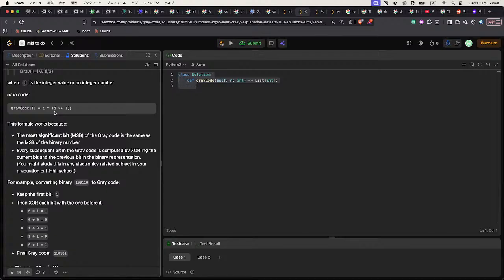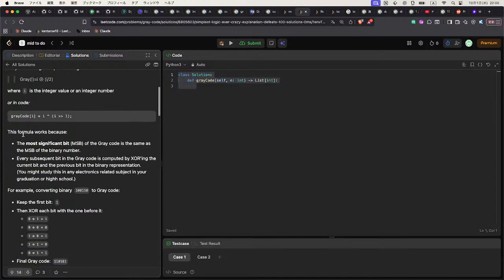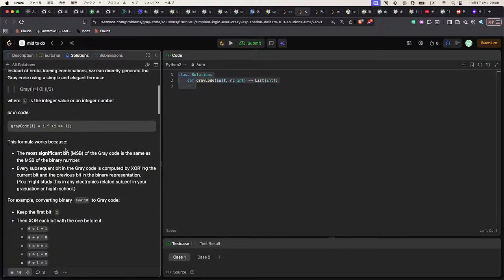This formula works because the most significant bit, MSB, of the gray code is the same as the most significant bit of the binary number.